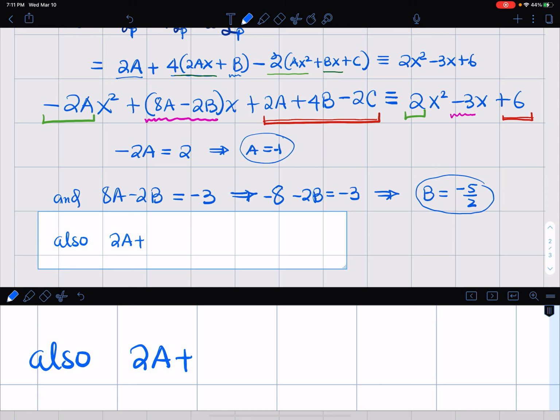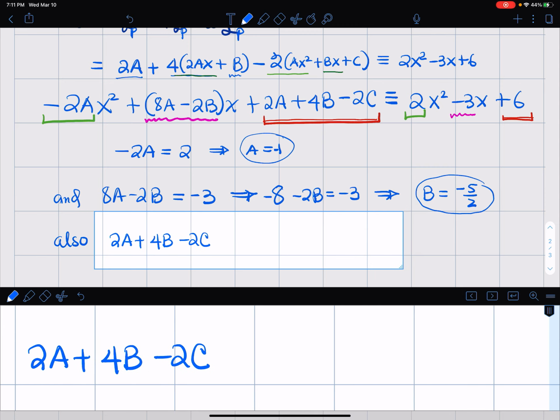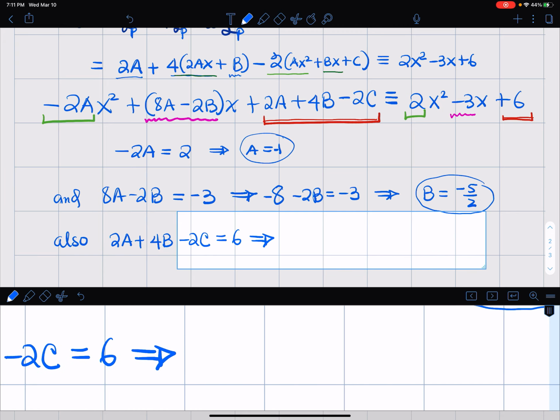2a plus 4b minus 2c is equal to 6. This tells us that 2a is negative 1, so we have negative 2. 4b, b is negative 5 halves, so 4 times 5 halves is going to be negative 10, right?